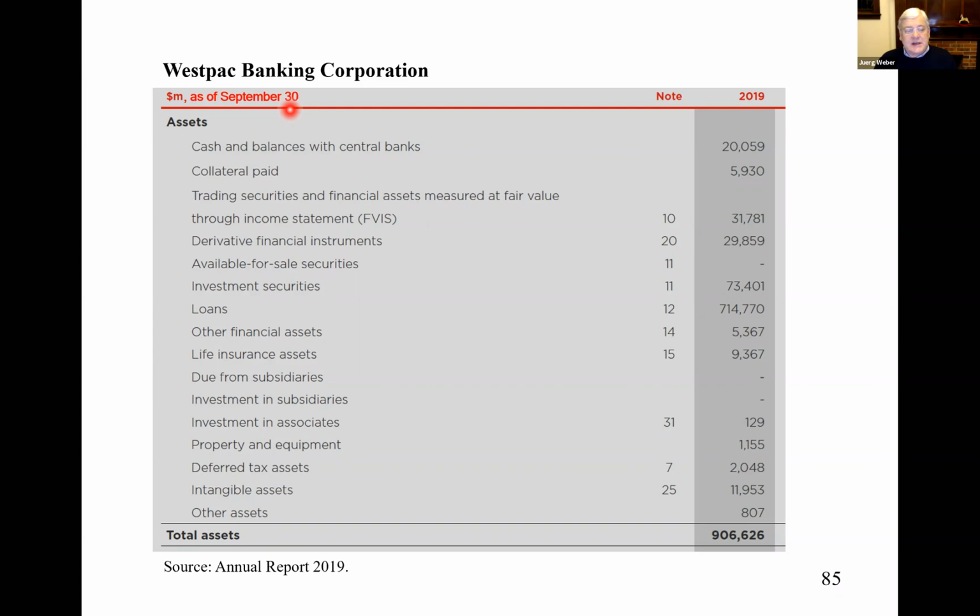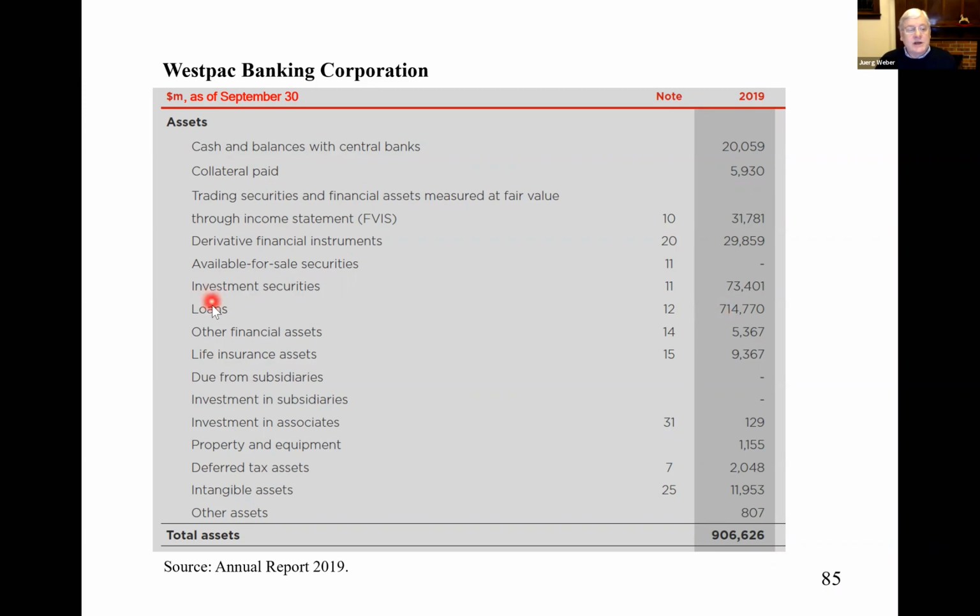And the biggest asset holding here is the loans. Those mortgage loans and maybe loans to businesses, that's where the banks earn interest. That's by far the biggest item here, $700 billion out of a balance sheet total of $900 billion.